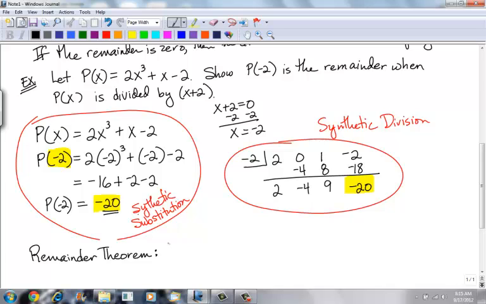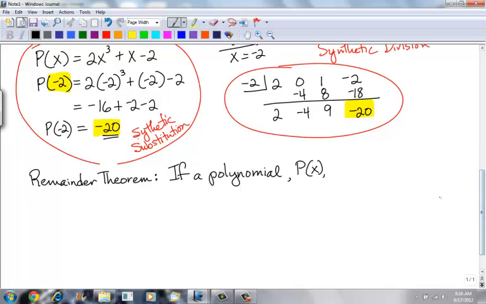The remainder theorem says if a polynomial p of x, and remember the polynomials just have the plus or minus signs in between the terms, if a polynomial p of x is divided by x minus r, the remainder is a constant.